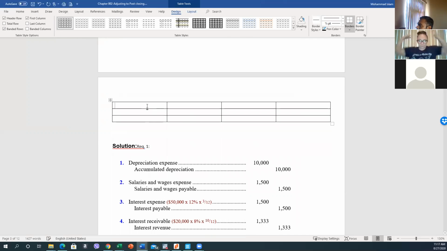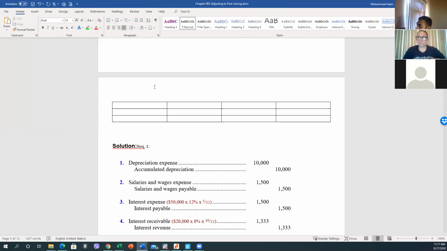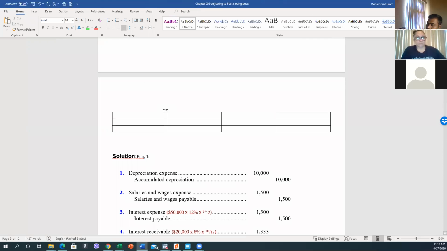So here is our cash, here it is debit, credit. This is the ledger account. I'm just merging this one.